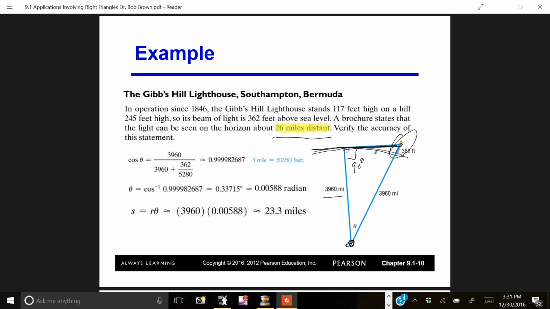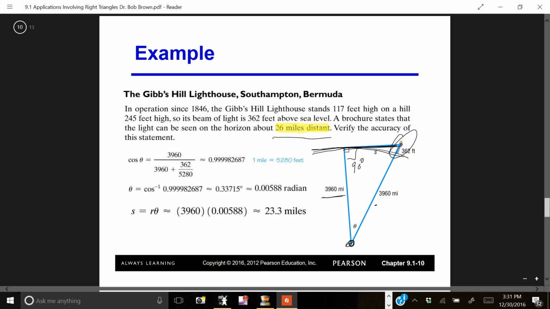So now we have a right triangle with a base of 3960 and a hypotenuse of 3960 plus 362 divided by 5,280, which converts 362 feet to miles.